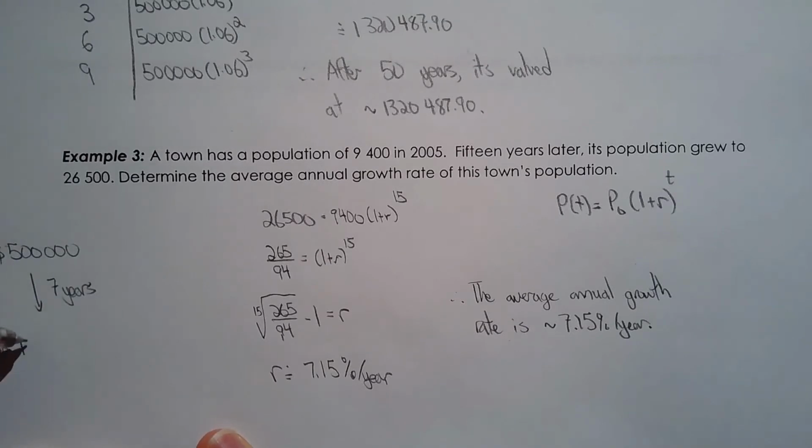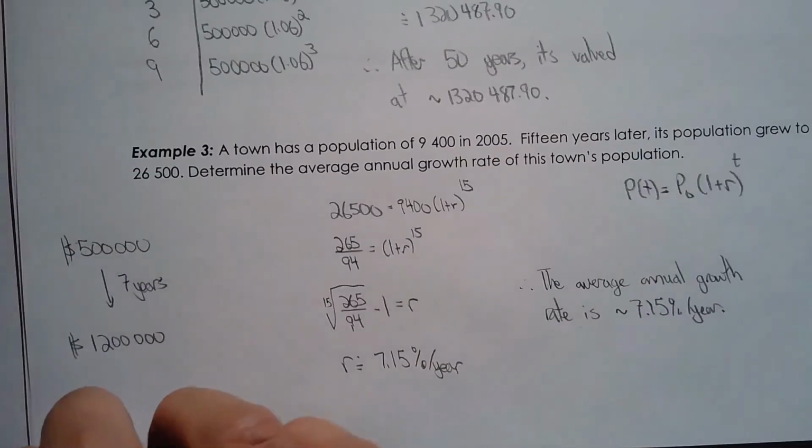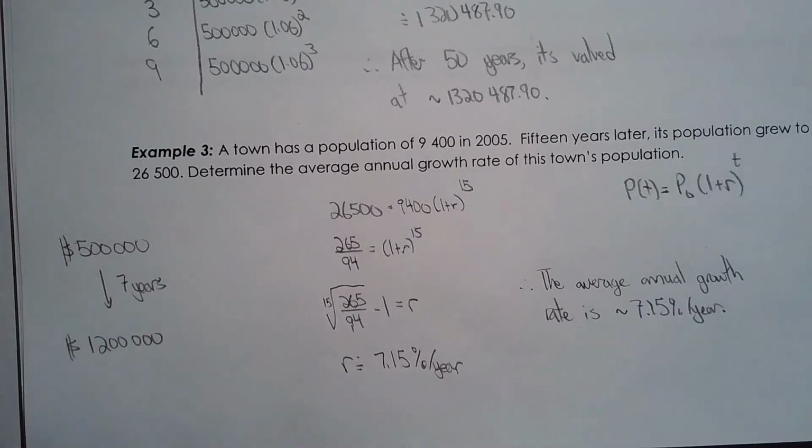That's actually not unreasonable. That might sound crazy, but it's not that unreasonable based on what's happening right now. So you can solve for the annual growth rate for the value of this house.